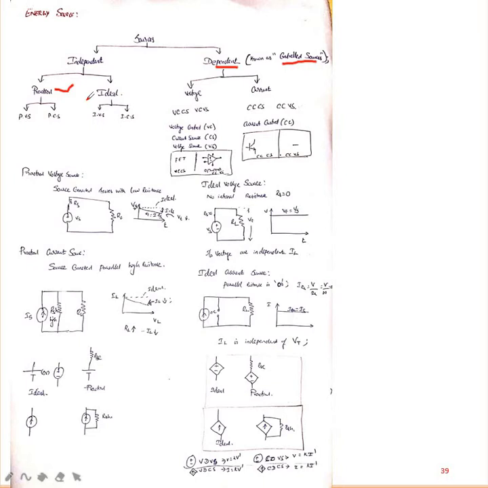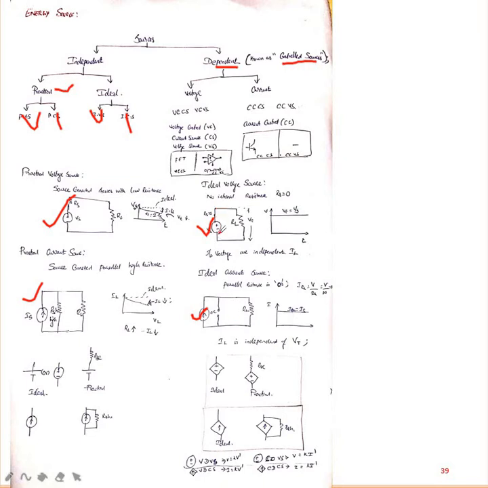I already said voltage sources and current sources are there. Then write V, I, V, I. You can classify the practical voltage source and practical current source, and the ideal voltage source and ideal current source. What is the difference? In the ideal condition, no resistances are connected.